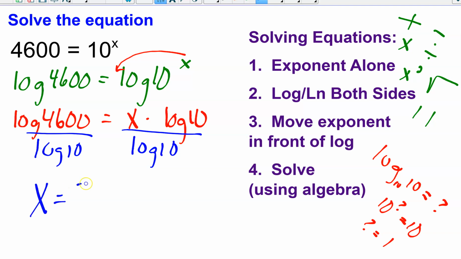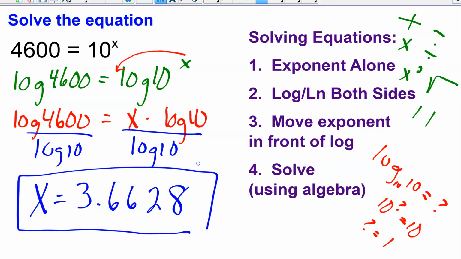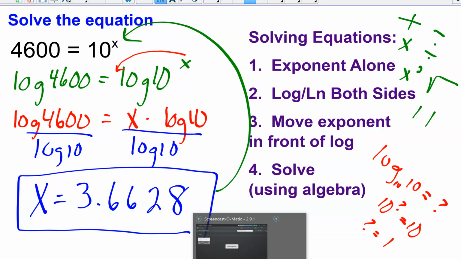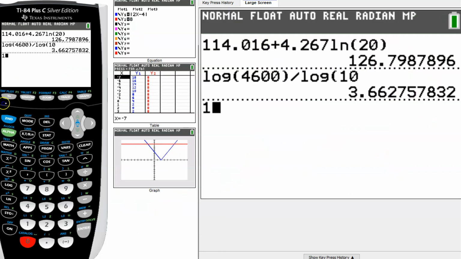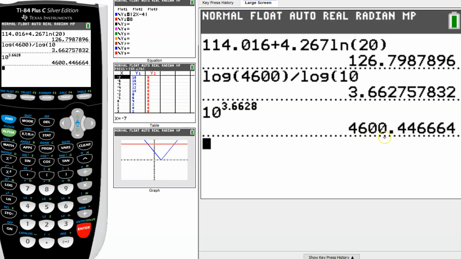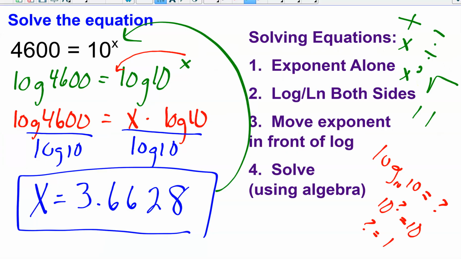So x is 3.6628, and that's an estimate. So if you were to put that in right here, 10 to the 3.6628, you get 4,600 roughly, because we had to round it.